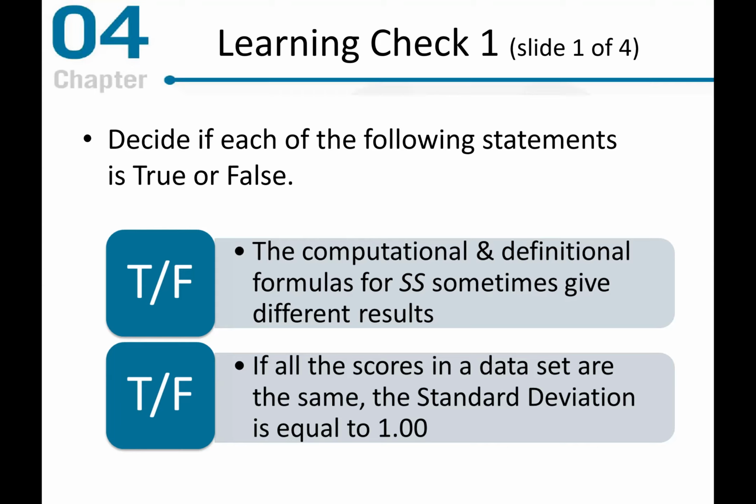And so the standard deviation is measuring the average distance a score is from the mean. If all the scores are the same and the mean is the same as the scores, then there is no distance from the mean. So the standard deviation would be 0.